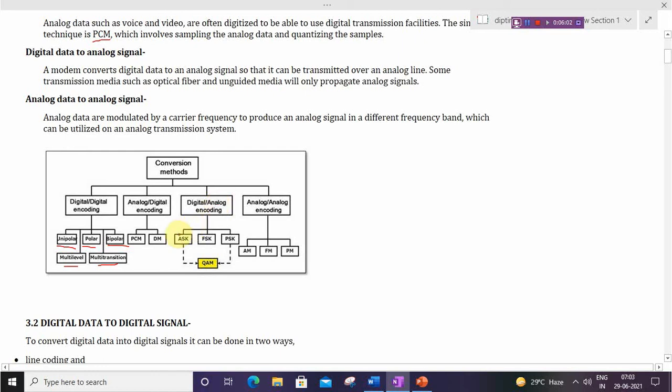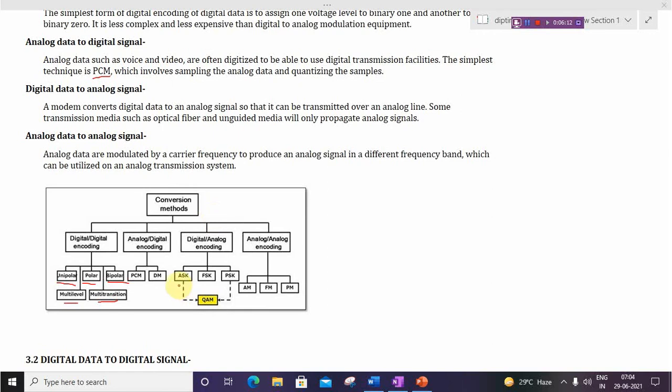So here we use ASK, FSK and PSK. ASK means amplitude shift keying, then FSK means frequency shift keying and PSK means phase shift keying. So these are the processes to convert the digital data to analog signal.